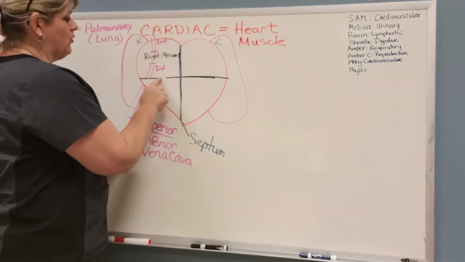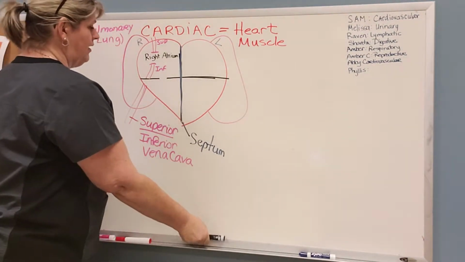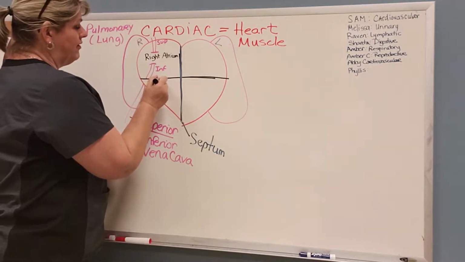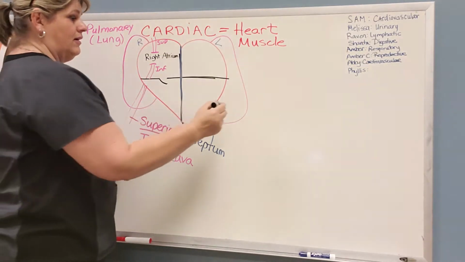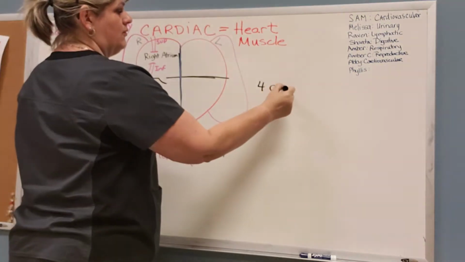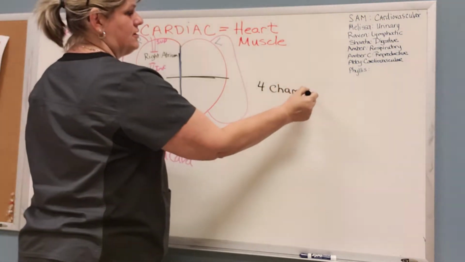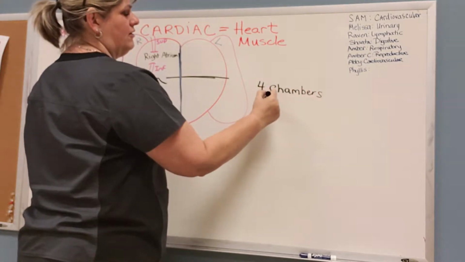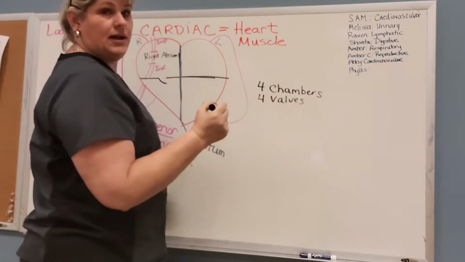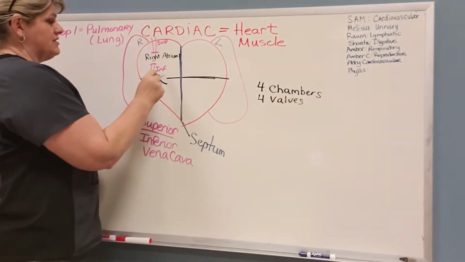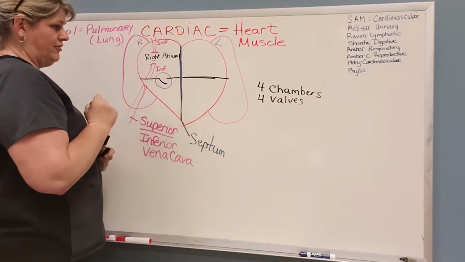So we need a little door. So you have a little trap door here called a valve. Remember, we said there were 4 chambers and 4 valves. Very important to know for your NCLEX exam. So this is the first valve.